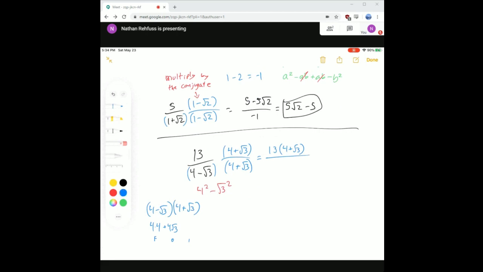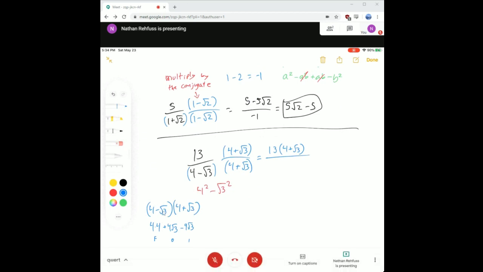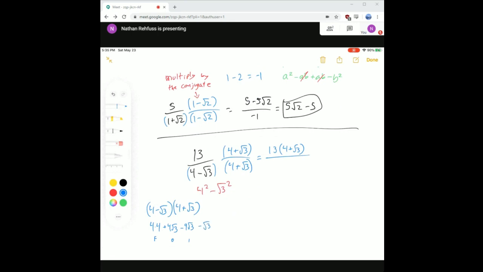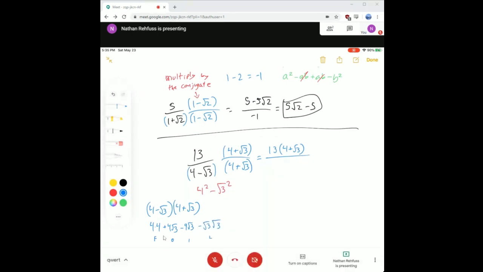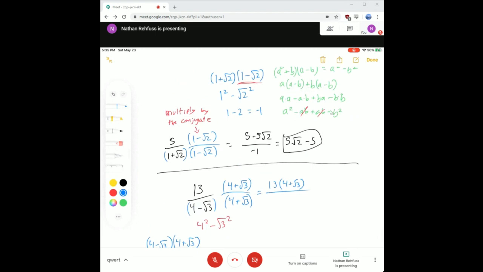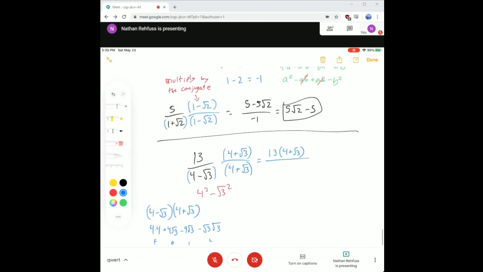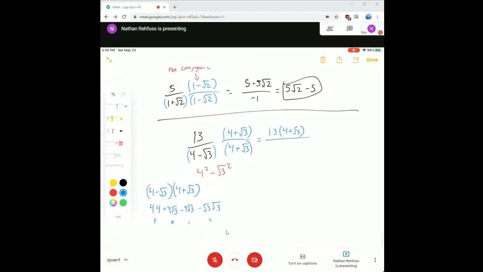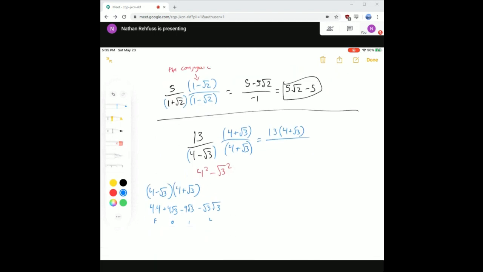This is minus 4 root 3. And then L for last. That's this minus root 3 times this plus root 3. So that's minus root 3 times root 3. This trick, FOIL for first, outside, inside, last, makes sure that when you distribute, you get all 4 of these terms. So it's a shortcut for this distributing, is we're going to get all 4 of these terms eventually, so we can just do them in a list.